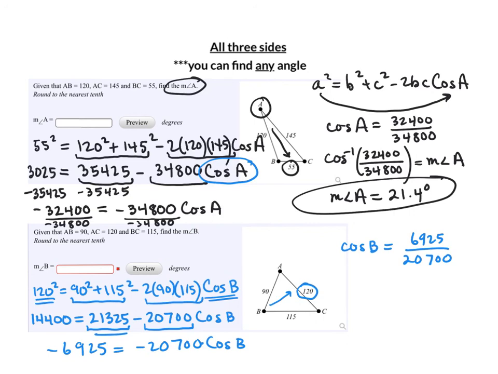And so to find an angle, we use the inverse cosine. So the inverse cosine of that ratio, 6,925 divided by 20,700. That's how we get the measure of angle B. So the measure of angle B equals, to the nearest tenth, 70.5 degrees.